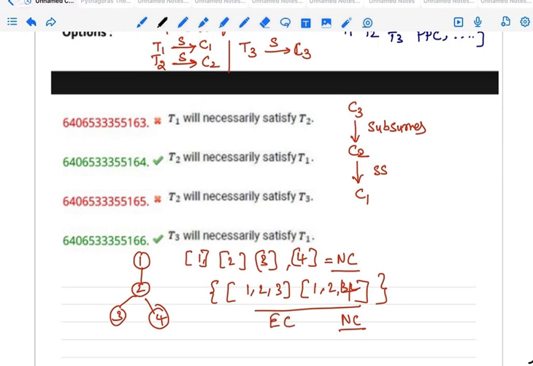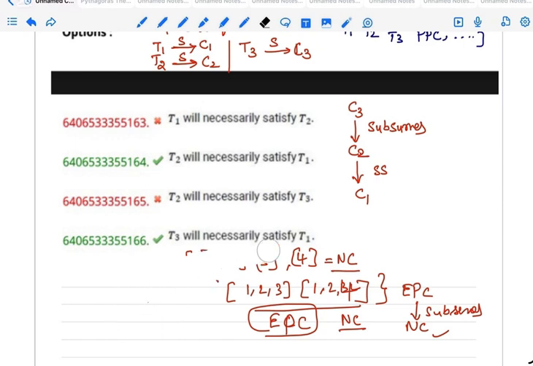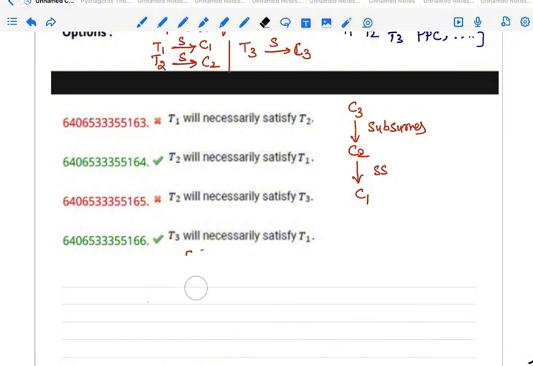Edge pair coverage subsumes node coverage. If we cover edge pair coverage, node coverage is also achieved, since nodes 1, 2, 3, 4 are covered. This is called subsumes. Subsumes means covered.